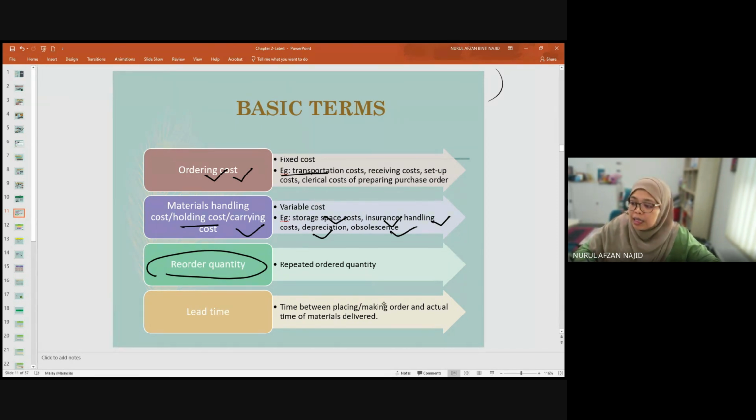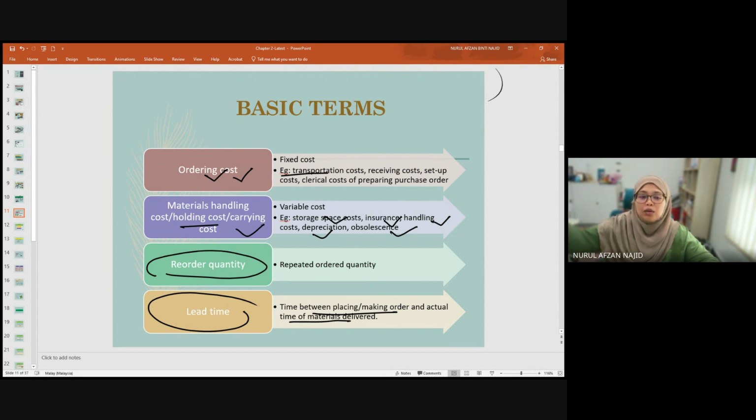Okay, lead time. Lead time adalah bila you buat order from the supplier, you order hari ni, mungkin dia akan sampai 2-3 hari lagi. So 2 ke 3 hari itu adalah lead time. Which means time between placing or making the order and actual time material delivered.